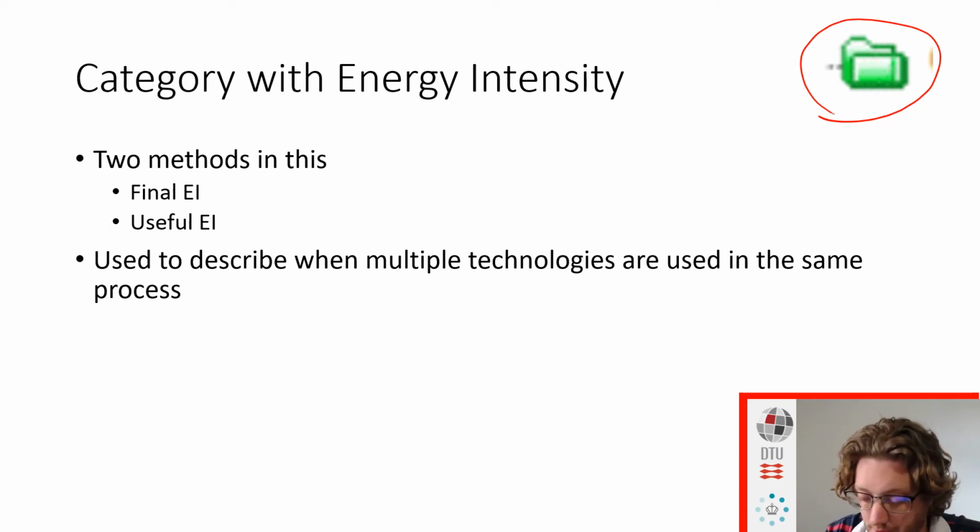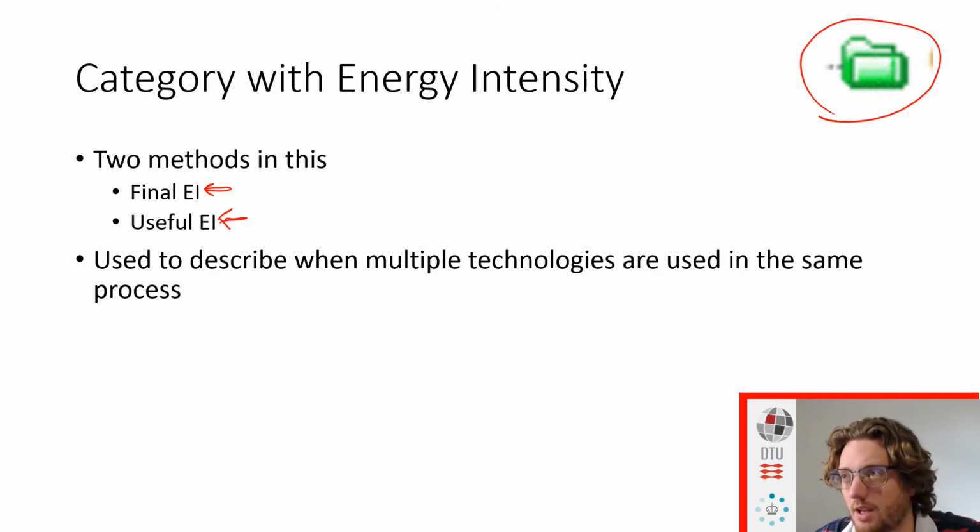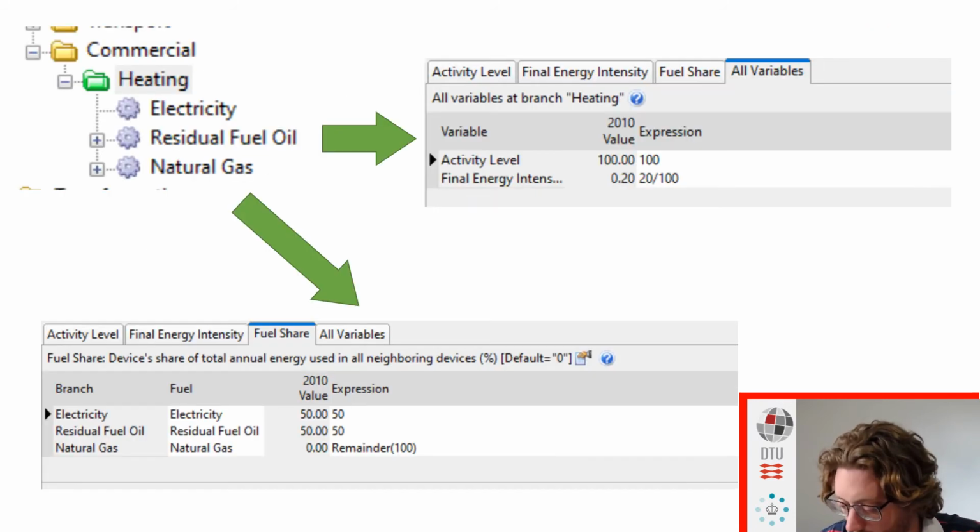We can use the final energy intensity method, and we can also use the useful energy intensity method. The useful energy intensity method has to use this green energy intensity category because you are describing multiple competing technologies for the same service. And that's important.